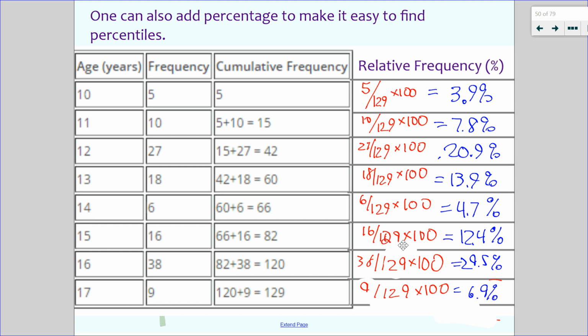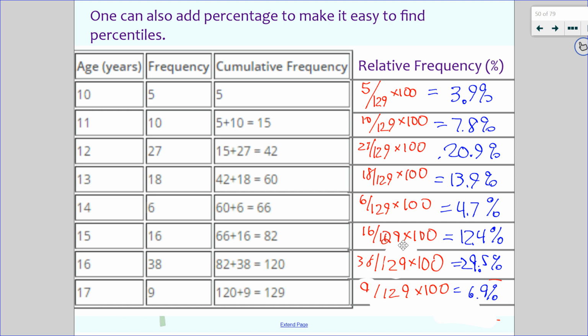Okay, did anyone try adding? It's 28. Did anyone try adding? Okay, cool. And what did we say it had to add to?